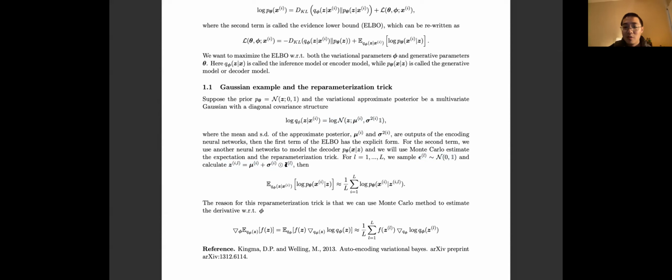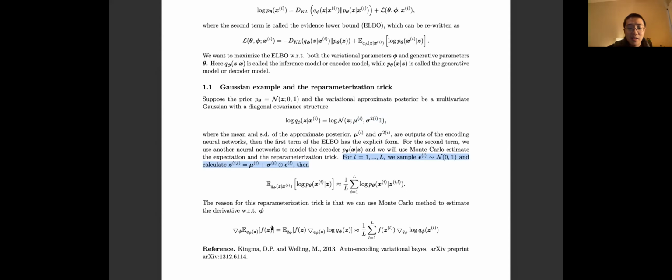If epsilon comes from standard normal, then Z will follow a distribution with mean mu and variance sigma square. So based on epsilon, we can calculate Z, and then we can calculate the approximation for the second term here. For this form, we can use backpropagation to optimize mu and sigma.